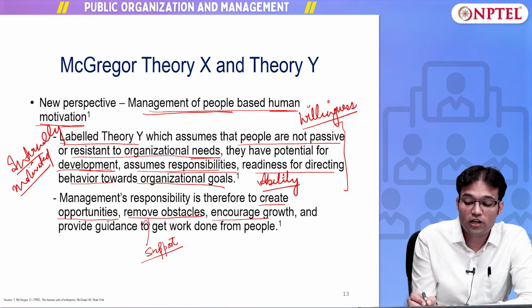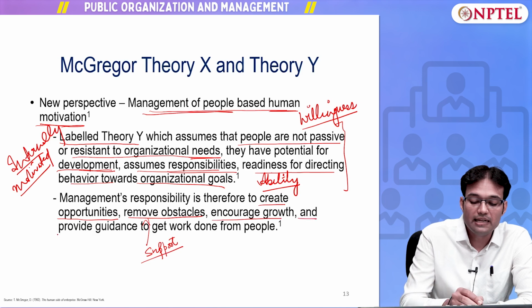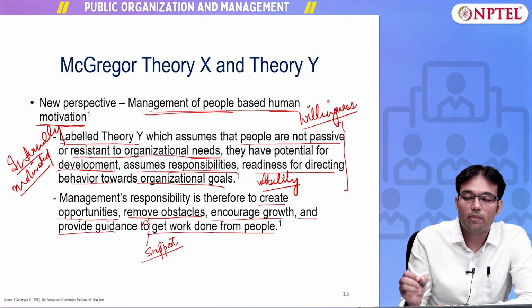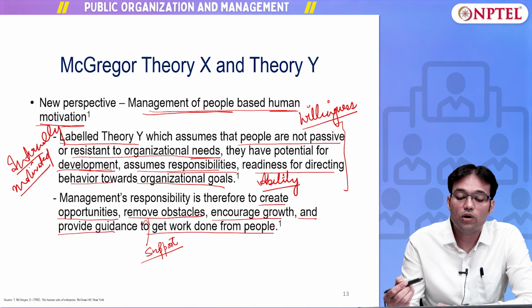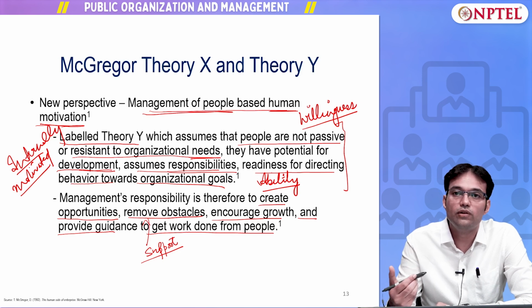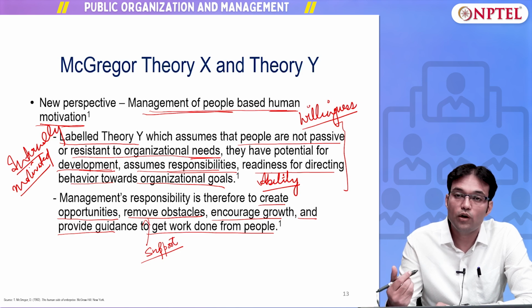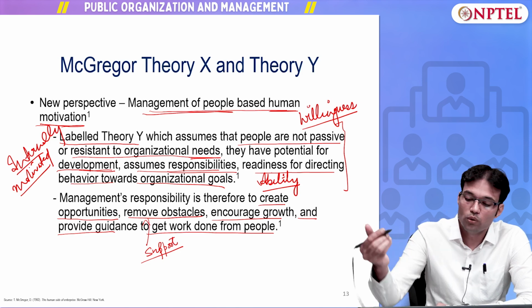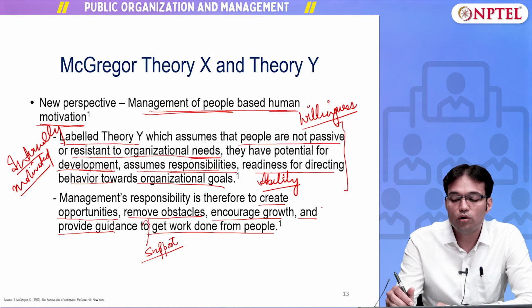You have to encourage their growth and provide guidance to get work done from people. Now these people who are not passive and have potential for development are high performing employees. Their expectation from the organization is not in terms of rewards and incentives. Their expectation will be in terms of high achievement from the work that they are doing, and to do that kind of work they need support from the organizational managers and leaders.